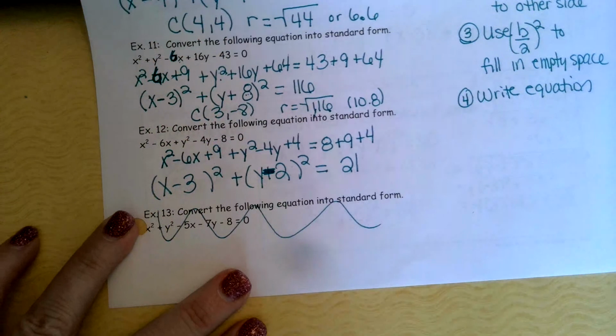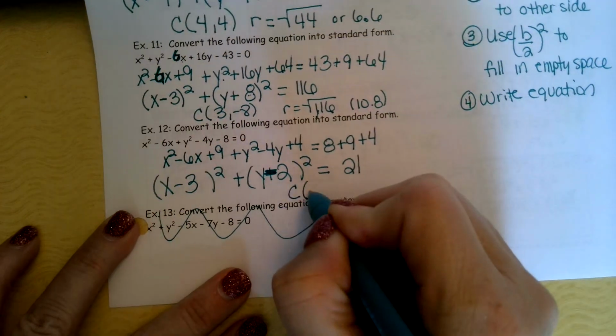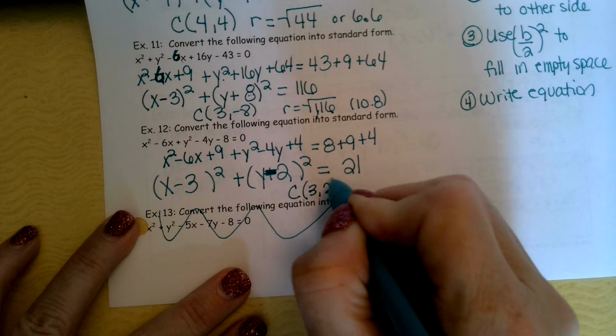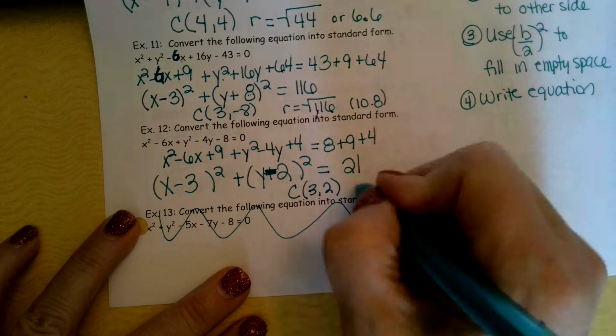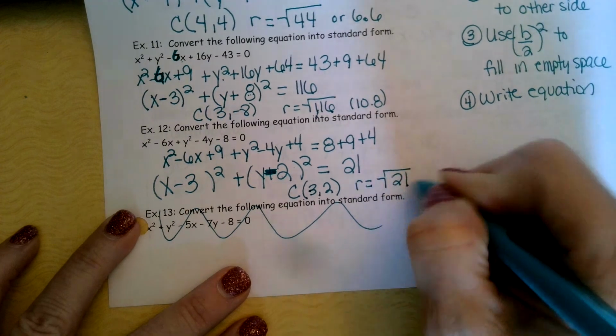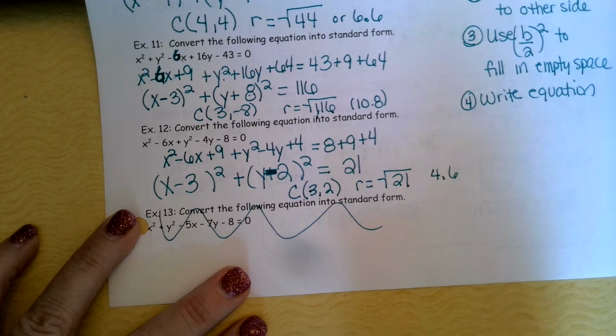My fault, it's y minus 2. And then the center is +3, +2, opposites. So sorry about that. And then my radius is the square root of 21. But if you don't like that answer, you could put 4.6, same thing.